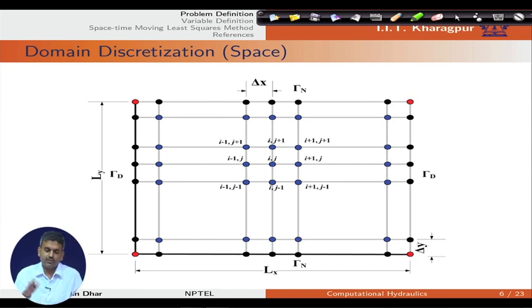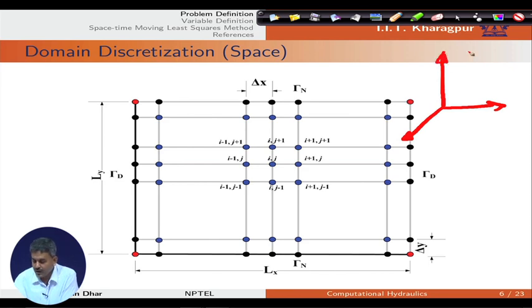Now, we need to consider different time levels, as we have considered in our finite difference for implicit, explicit and Crank-Nicolson scheme.